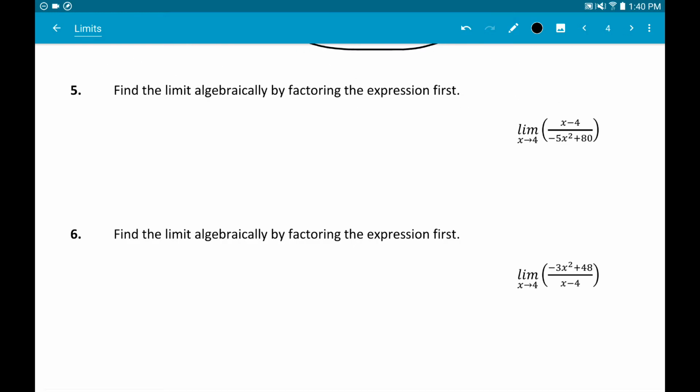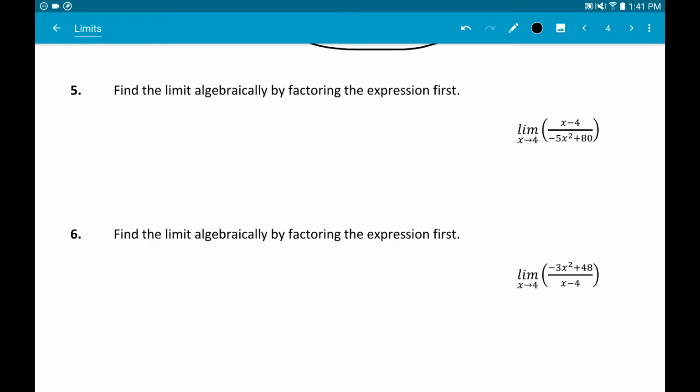Okay. After that, we'll get into some problems where they don't give you the graph to look at. These basically work just like left and right-sided limits did in the previous section.